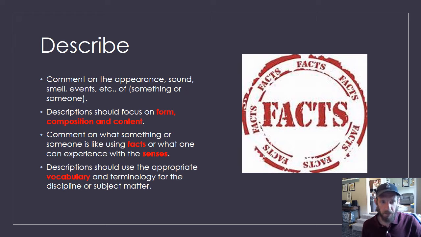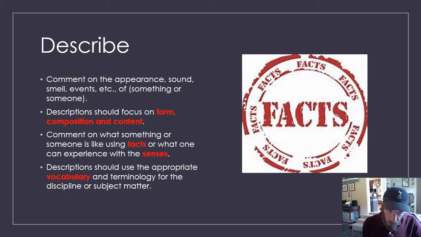Descriptions focus on the form of the thing. If we're talking about films, I'm giving you an animated short film to try this method out on. You would say the form would be, it's a film, but it's animated.